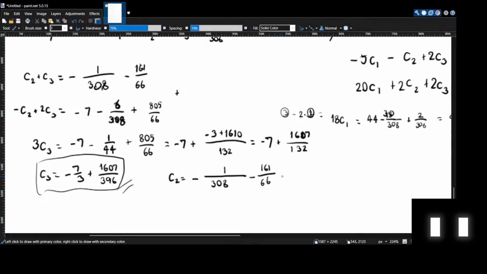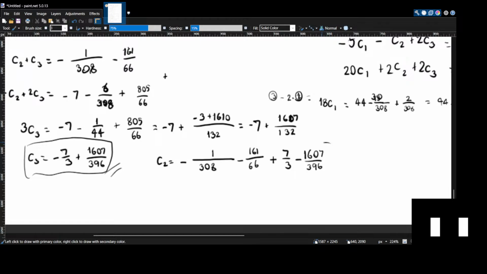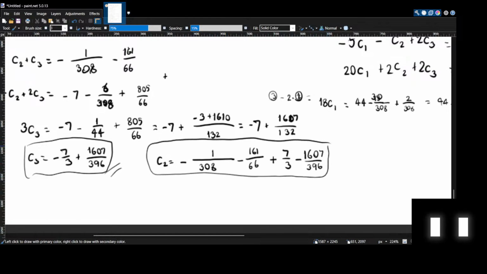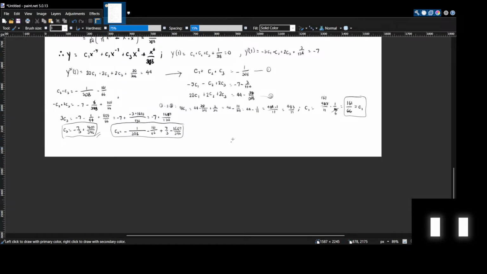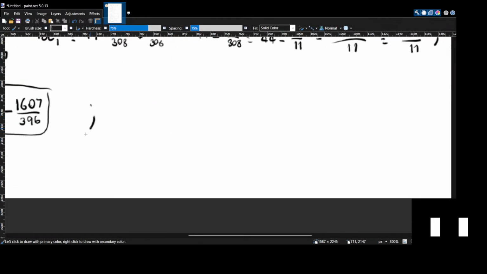And you subtract, and then you add 7 over 3, and you subtract 1607 divided by 396. And that's our value of C2. I don't care anymore. I'm not going to simplify this. The rest is just, yeah.